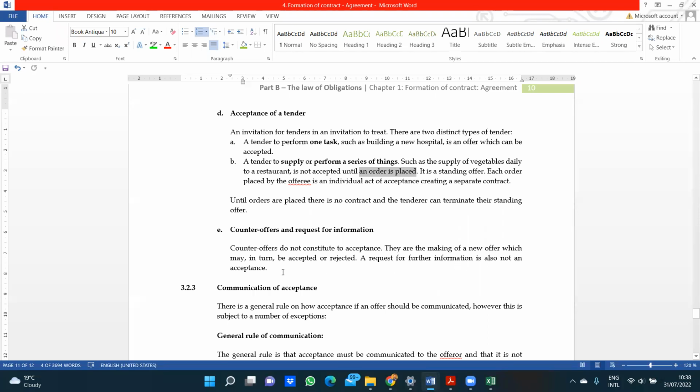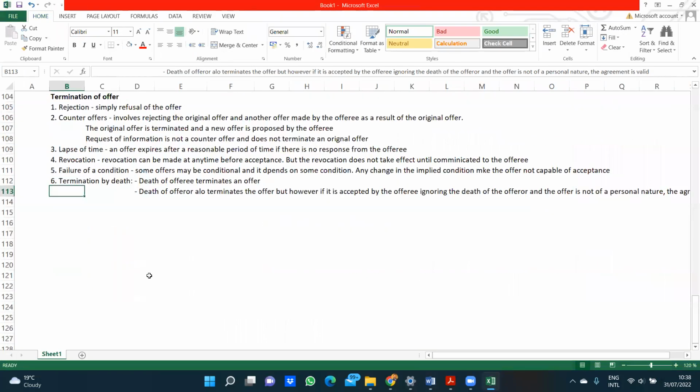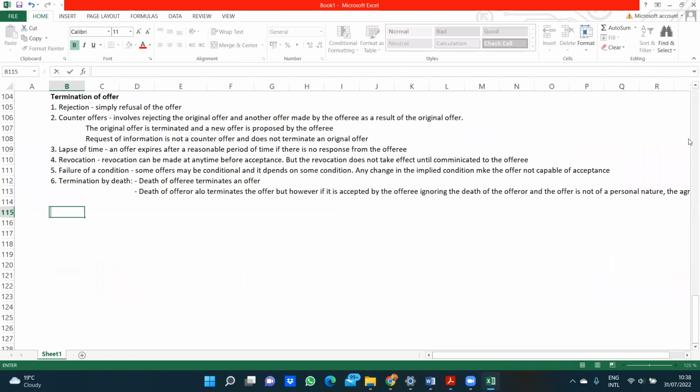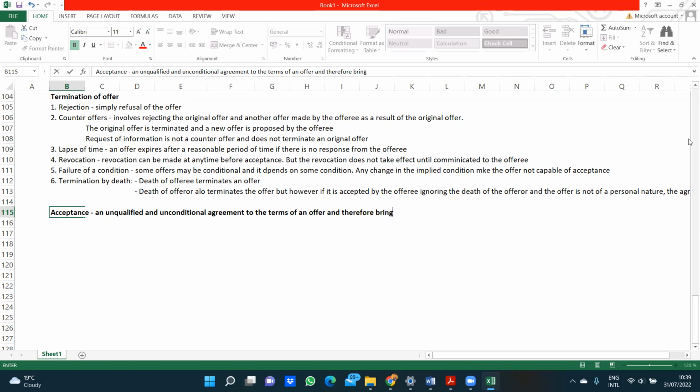All right. So, acceptance is an unqualified and unconditional agreement to the terms of an offer, and therefore brings the contract into effect.